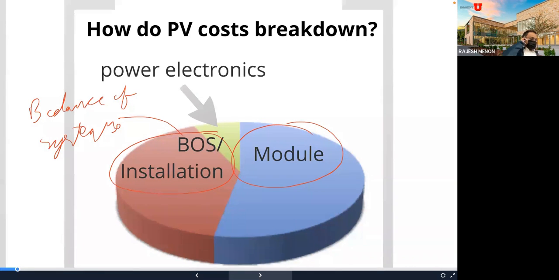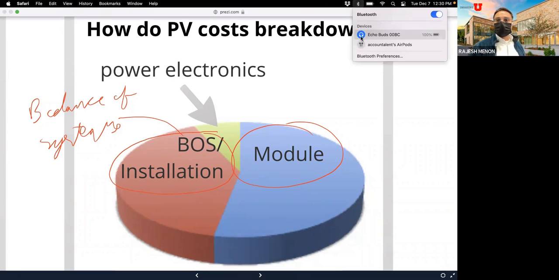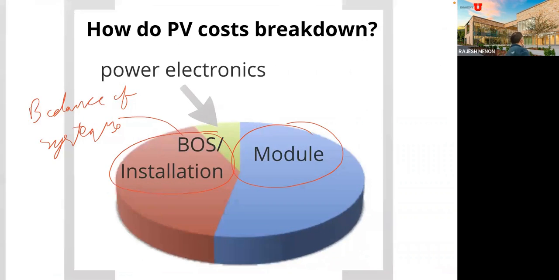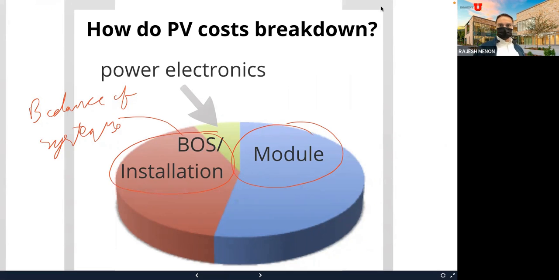That refers to things like transportation, installation, regulatory costs, application for licensing and things like that. So about half of it is that, and the small sliver is power electronics. This has been pretty consistent for a long time.